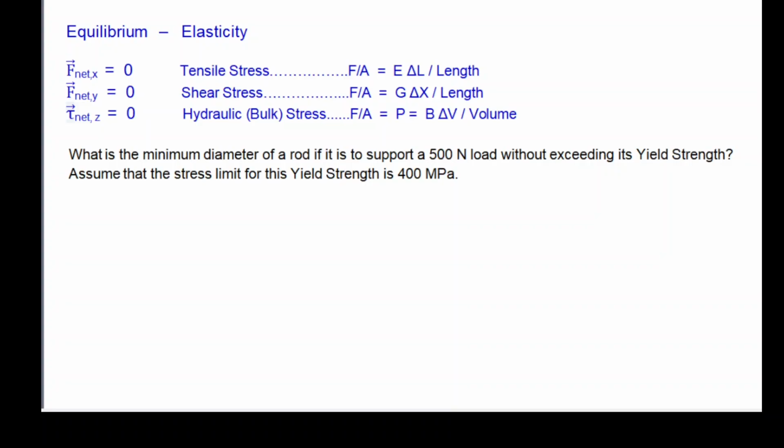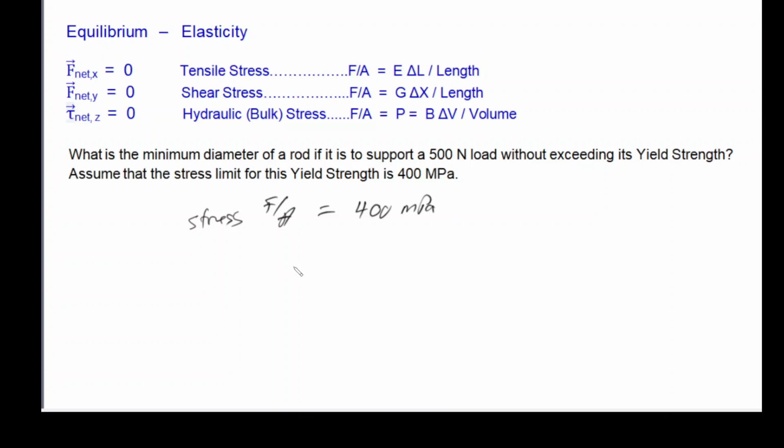So we know that stress is defined as force per unit area, and in this case we know the yield stress is 400 megapascals.